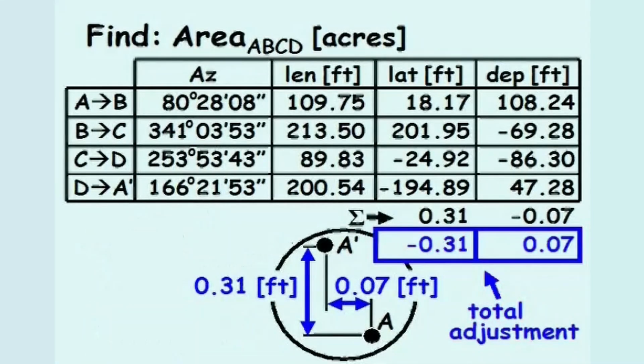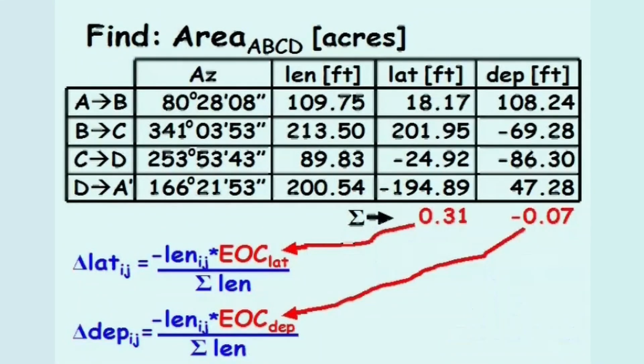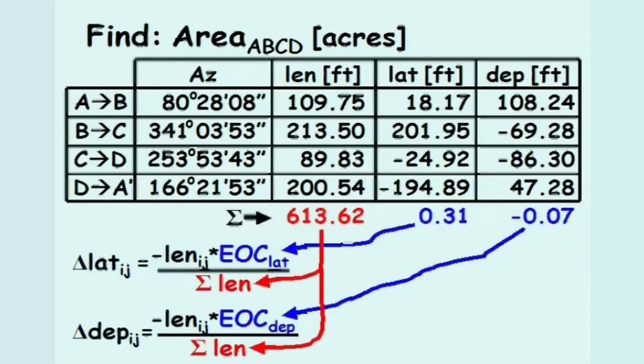Using the compass rule, the adjustment for the latitude and departure of a course equals -1 times the course length times the error of closure for that direction divided by the total length of the traverse. In this equation, we know the error of closure for both latitude and departure.